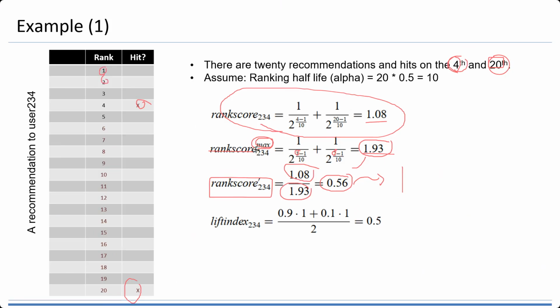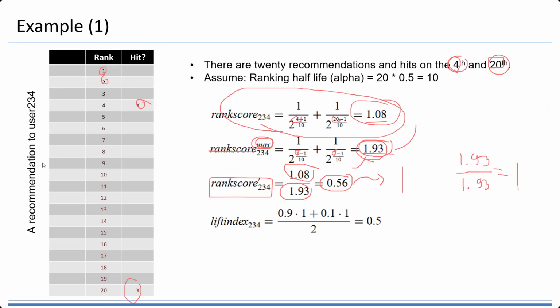If the rank score equals 1.93, then 1.93 divided by 1.93 equals 1. If it is 1, then the 2 products are in number 1 and number 2. Because the ranks are number 4 and number 20, it is lower than the maximum value.